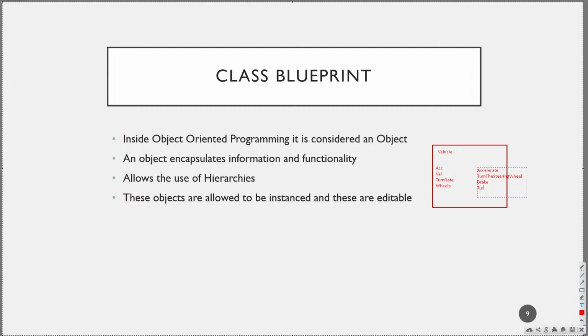I don't know, maybe we have turbo in our vehicle, right? So the difference between information and functionality is this stores values, and functionality stores behavior. Like accelerating will increase the acceleration value, this will increase the velocity value, and also it will move physically our object, right? It will translate it to another position.